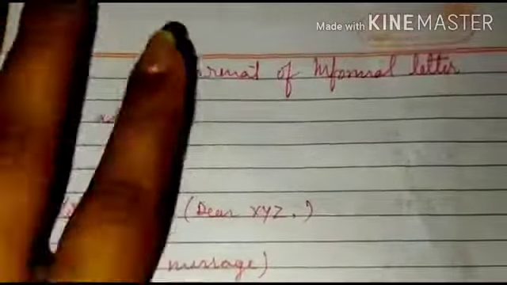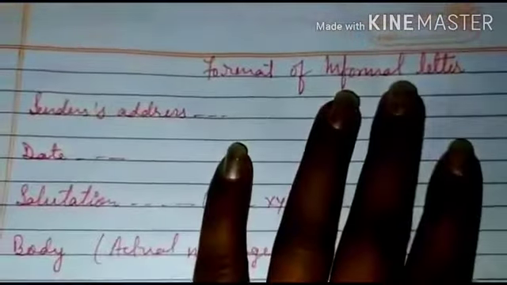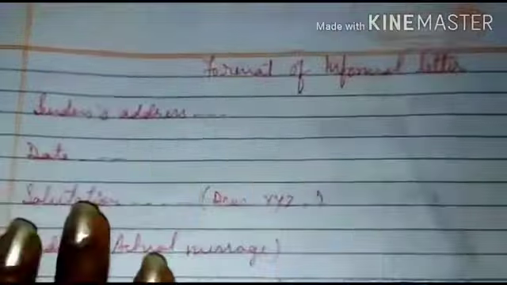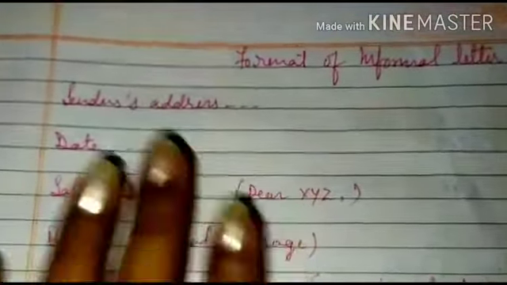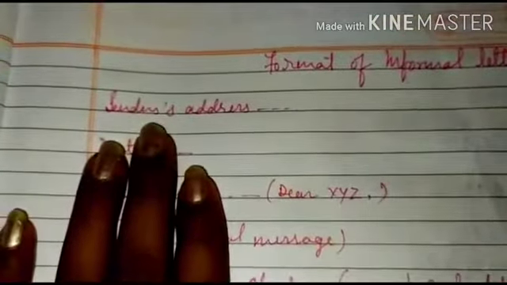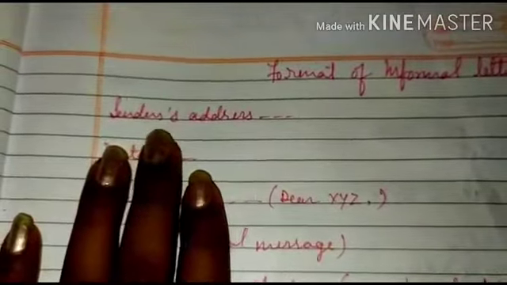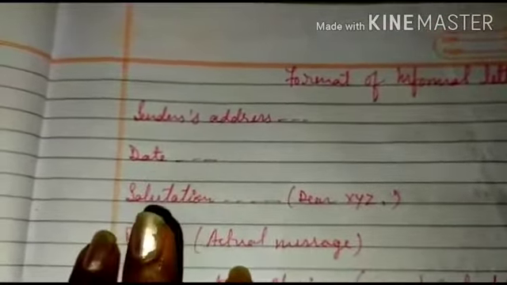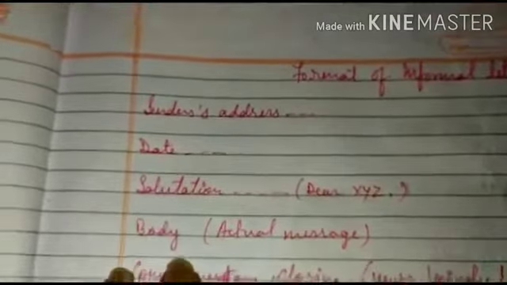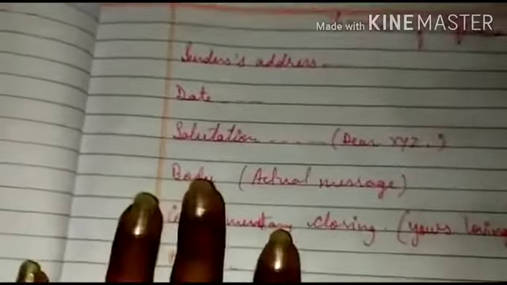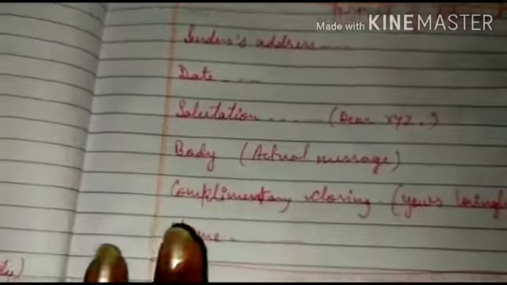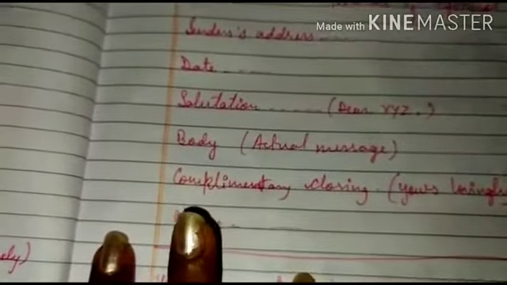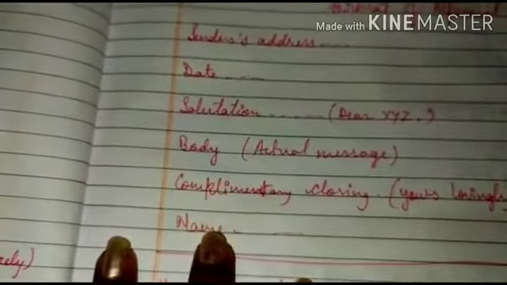Students, now we'll begin with the format of an informal letter. First we did formal, now this is informal. Now see here, first we'll give the sender's address, leave a line, then the date, leave a line, salutation, leave a line, then the body, meaning the actual message, then complimentary close, and then name.